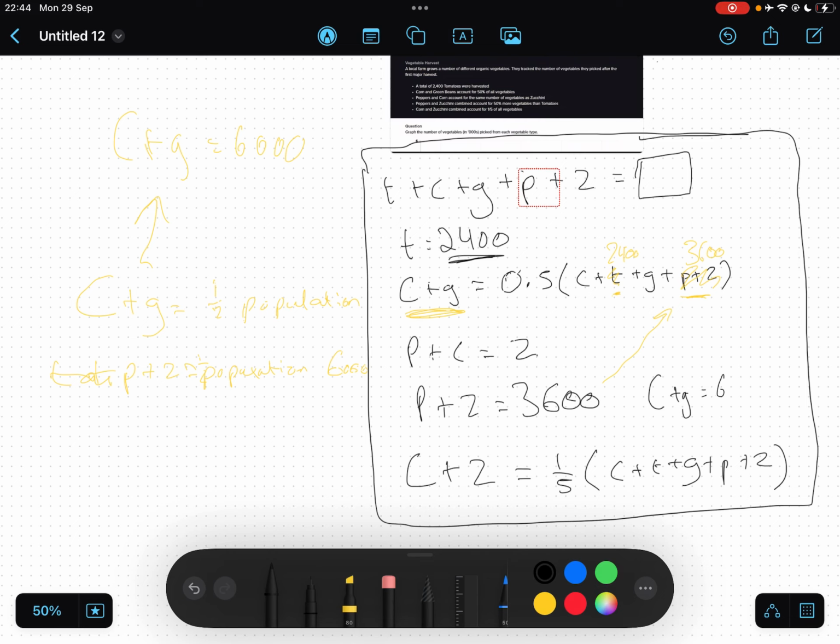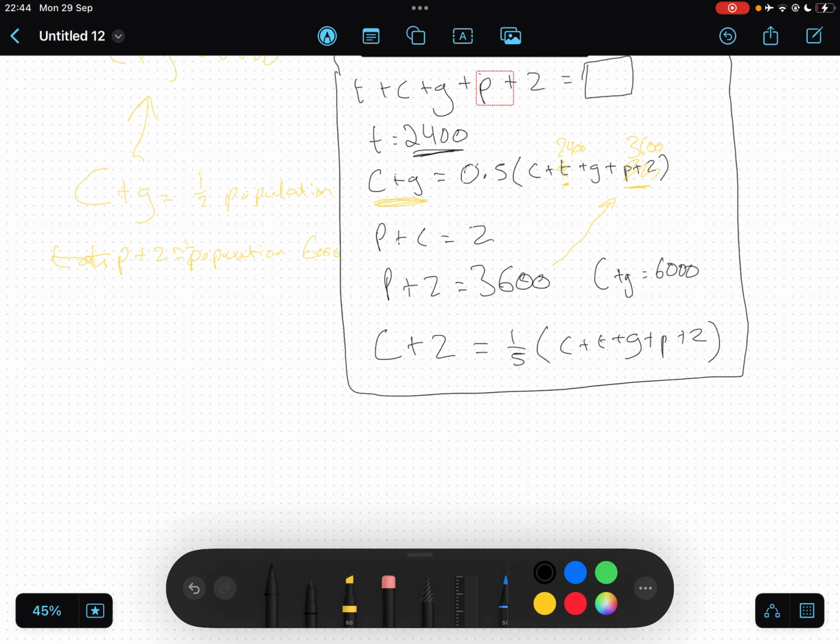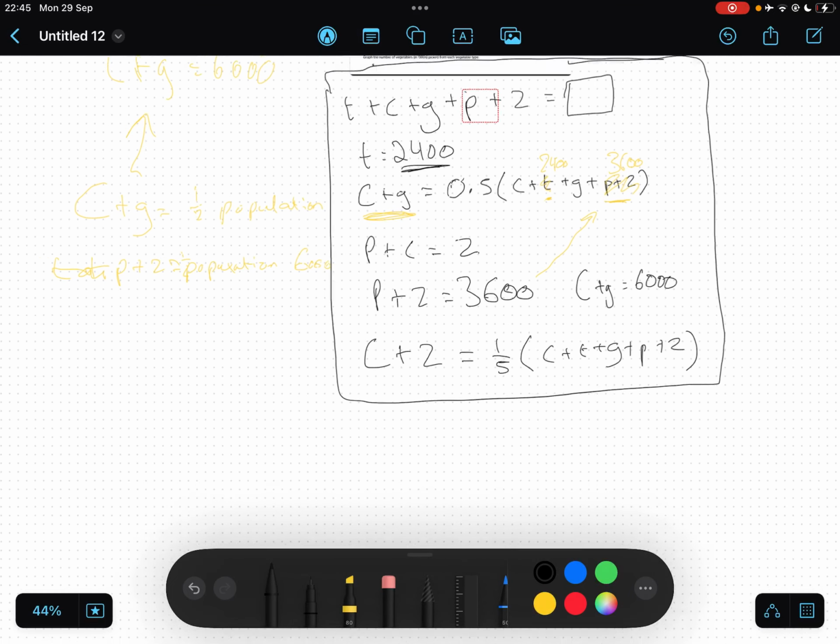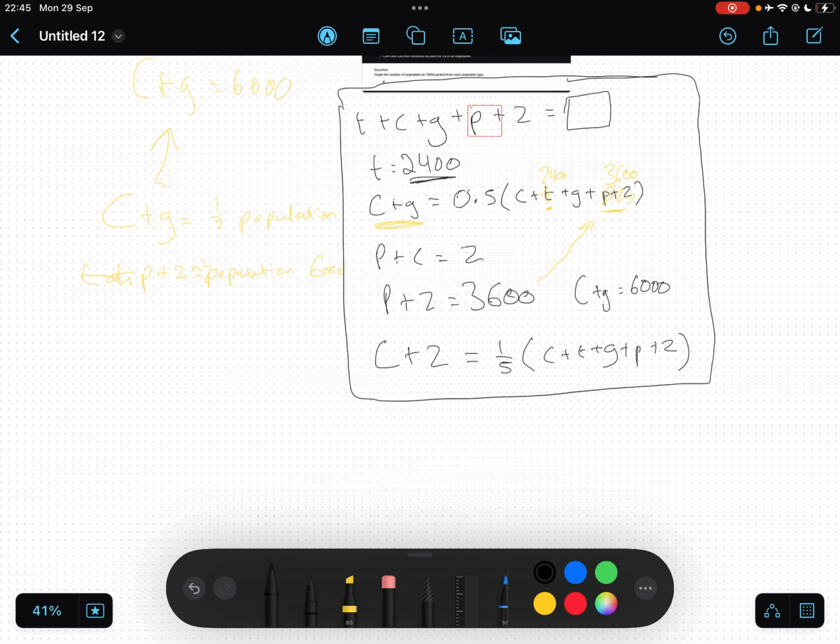It's quite hard to wrap your head around, but if you manage to understand it, well done. If you don't, just drop me a message and I'll try and explain it. Okay, anyway, so we've got these equations now, and I'm just thinking how we can work from here. As I said, I haven't seen this question in quite a while, so bear with.